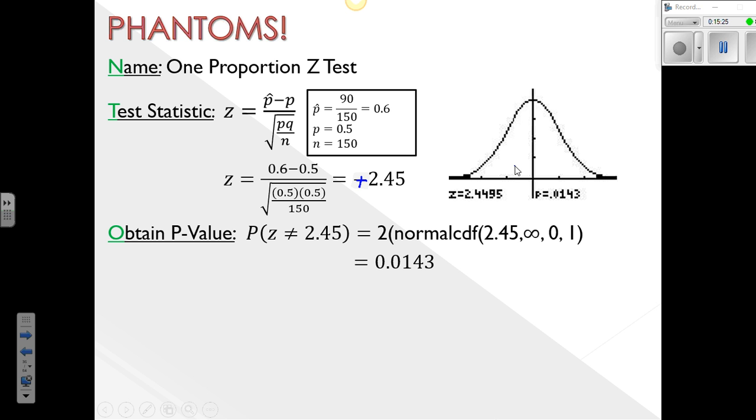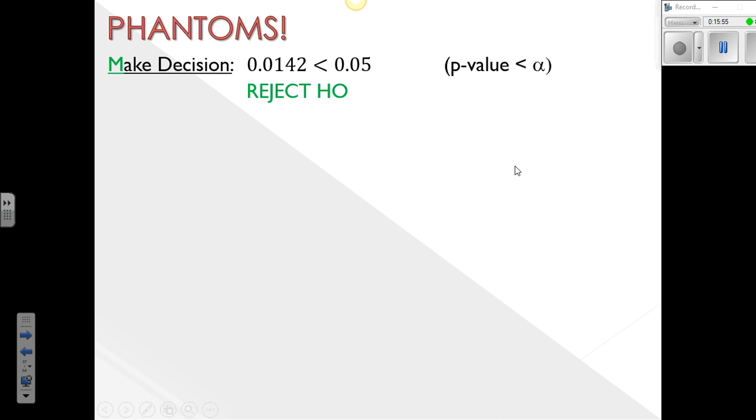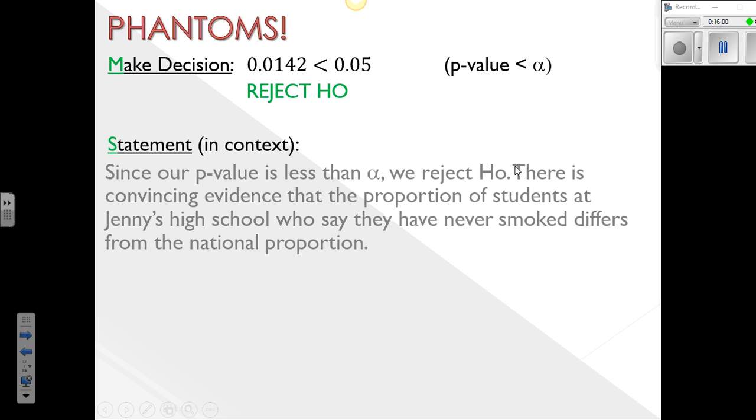That means that assuming that 50% had never smoked a cigarette at Jenny's High School, there is a 1.43% chance that we would see a sample proportion of 90 over 150 or something more extreme by random chance. It's pretty unlikely. So we're going to reject the null in favor of the alternative. Our p-value is low, so we're going to reject H0.